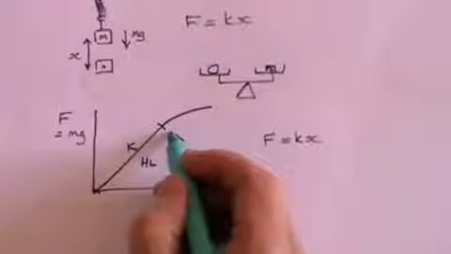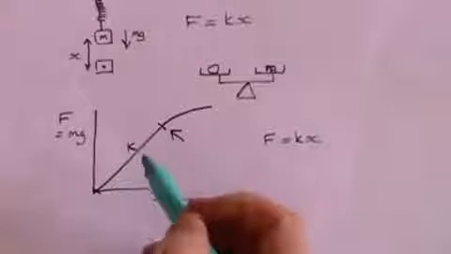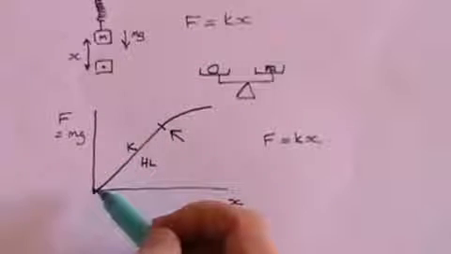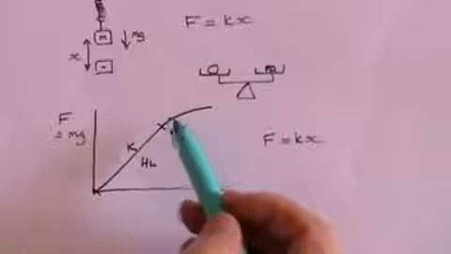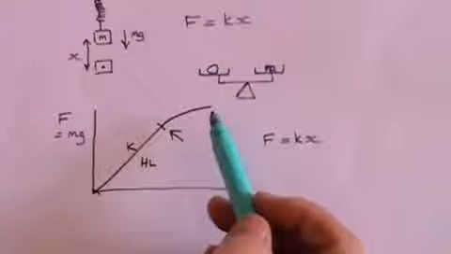And this point here is called the elastic limit. It's the point at which the spring or the elastic or whatever does not return to its original position. When the spring once stretched will return to its original position once you take the mass off, we call that elastic. Once you get beyond that point where the spring is permanently deformed, then we call that the plastic position.